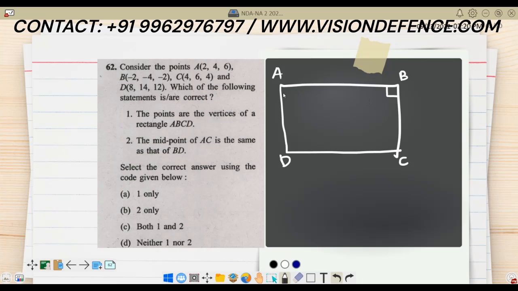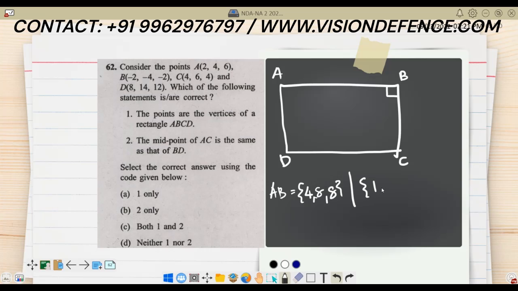If you want to check that, finding the direction ratios will help us. So 2, 4, 6 and minus 2, minus 4, minus 2. So the direction ratio of AB will be equal to 2 minus minus 2, that is 4, and then 4 minus minus 4, that is 8, and then 6 minus minus 2, that is also 8.